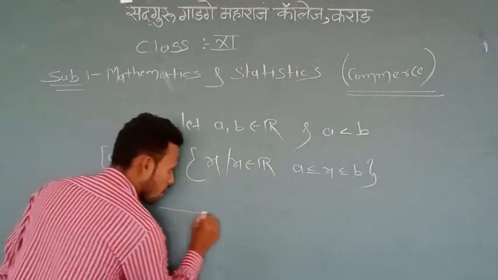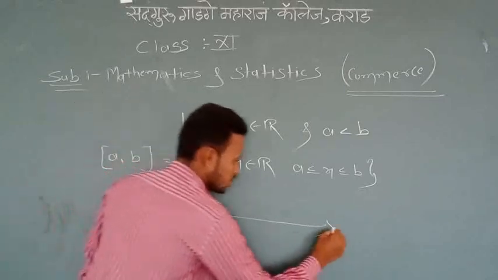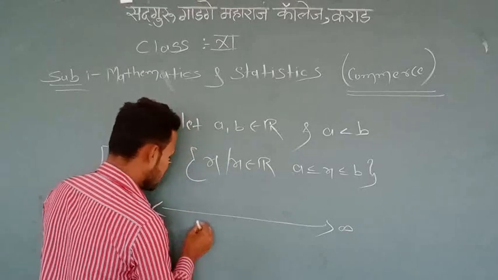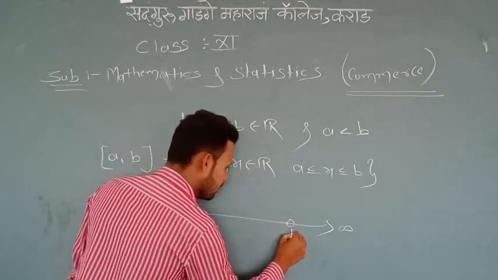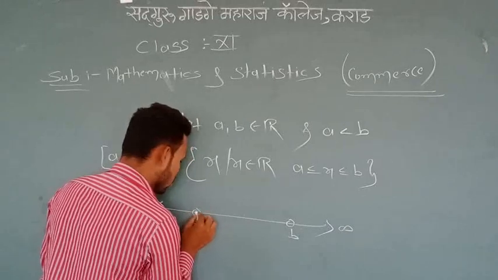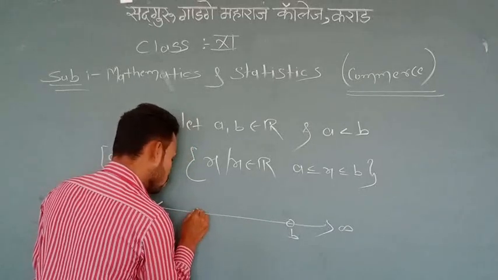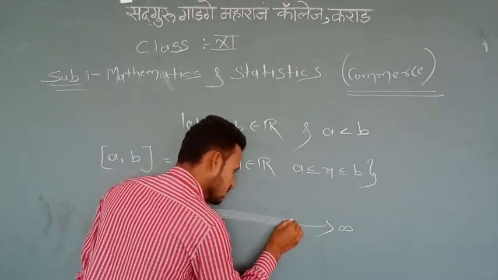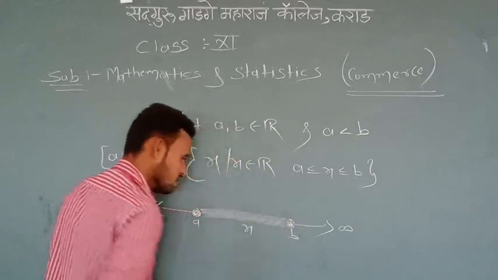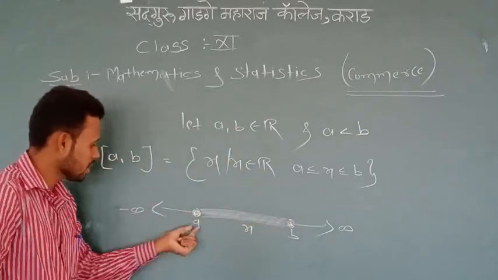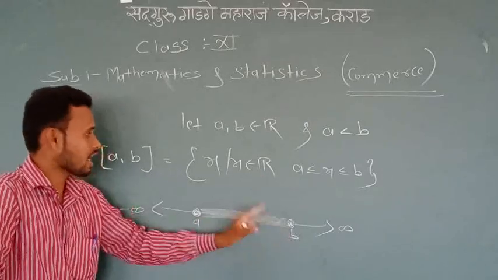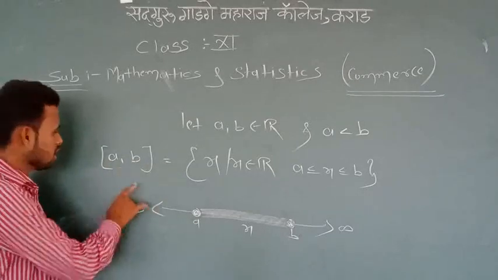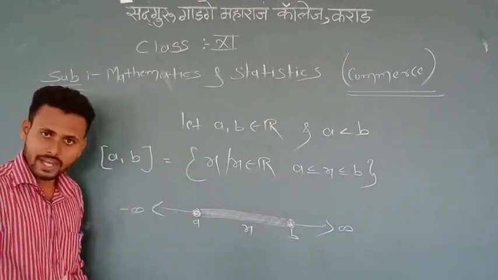On the real line, with plus infinity here and minus infinity here, suppose you take point a here and b here, then in the closed interval a to b, a is also included in that set, all the points starting from a up to b, and this b is also included in that closed set. Here suppose we take x. X means all these real numbers lying between a and b, and a and b are also included in that set. This is the closed interval. In a closed interval, these boundary points are also included.